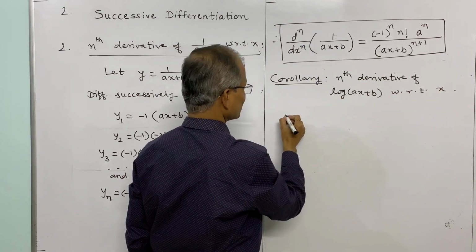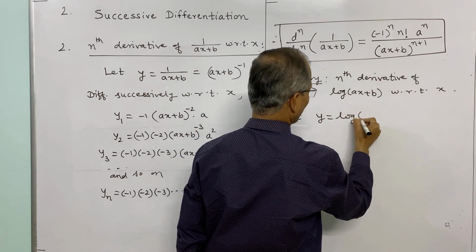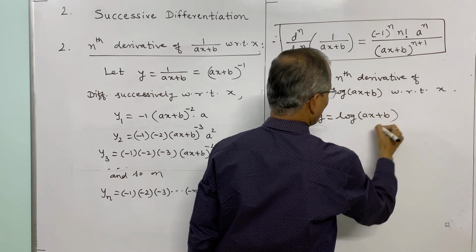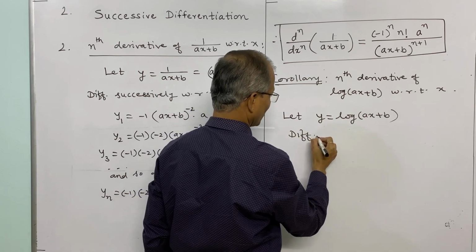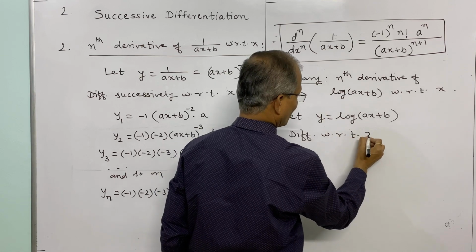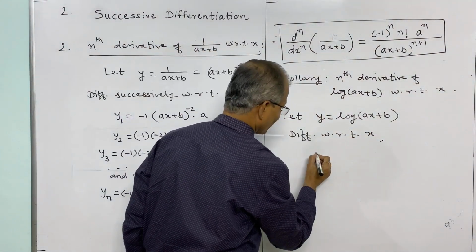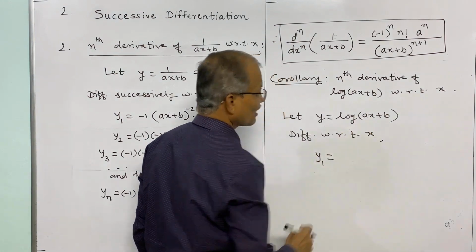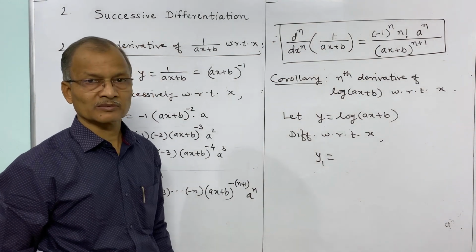For that purpose let y be equal to log of (ax plus b). Differentiate this first once only, with respect to x. What is the derivative of log of (ax plus b)? That is y1. Y1 is equal to the log function's derivative, that will be the reciprocal of ax plus b.